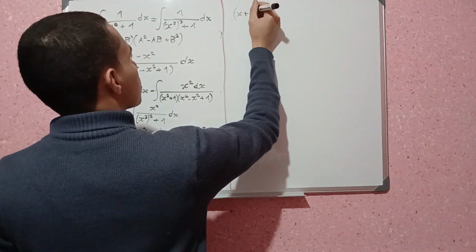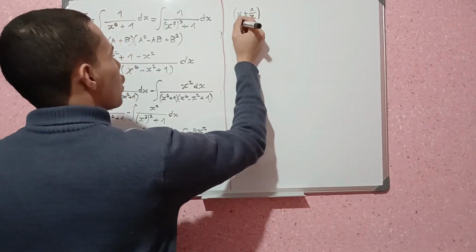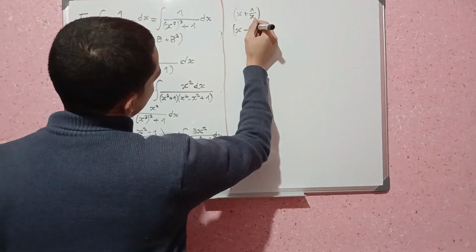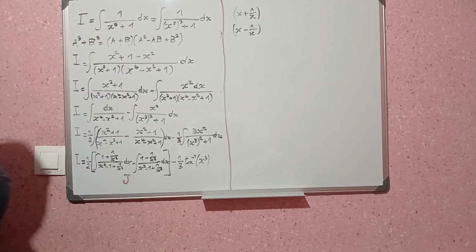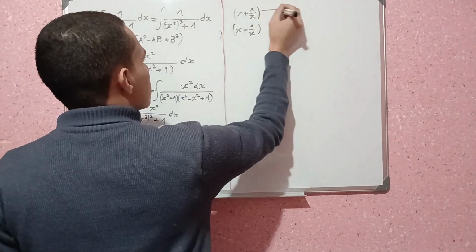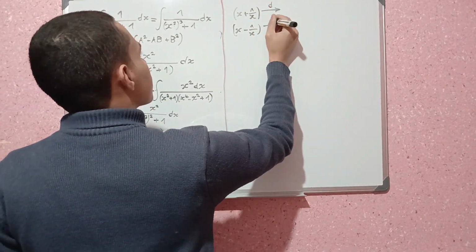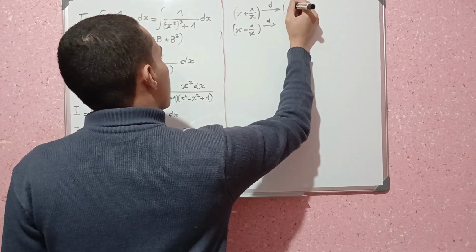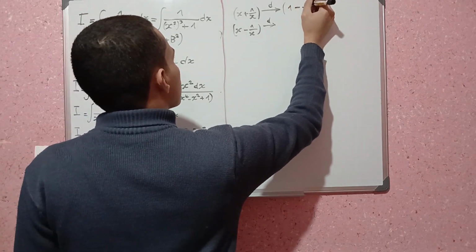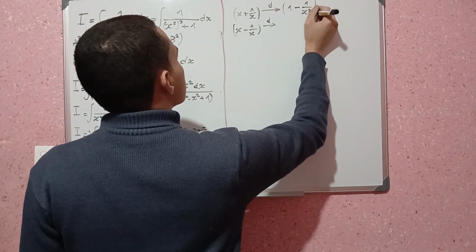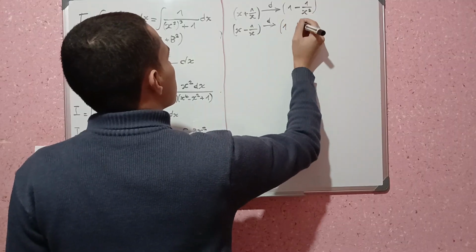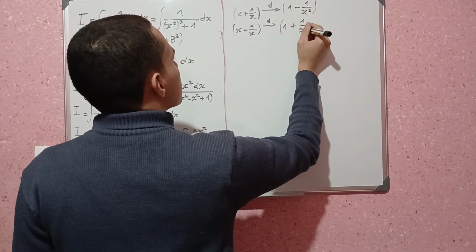x plus 1 over x, or x minus 1 over x. This will give us, by differentiation, 1 minus 1 over x squared, and here will give us 1 plus 1 over x squared.